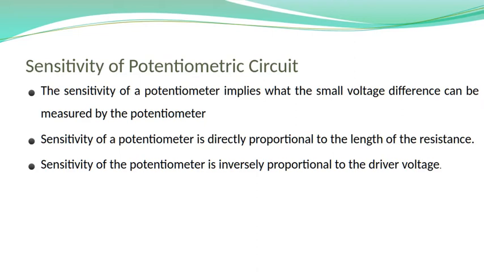Again, if we reduce the driver voltage for a fixed length of potentiometer resistance, then voltage per unit length of resistance gets decreased. Hence, sensitivity of potentiometer gets increased. So, it implies that sensitivity of potentiometer is inversely proportional to the voltage.